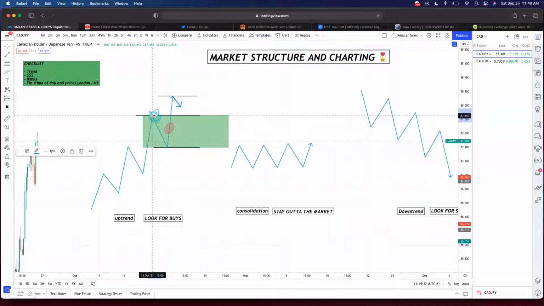That is resistance. Remember, price is here heading to this area of structure. So that is resistance, not support. Does that make sense? Do you understand why this is resistance, not support? Okay, perfect.